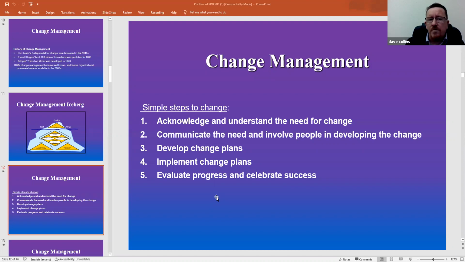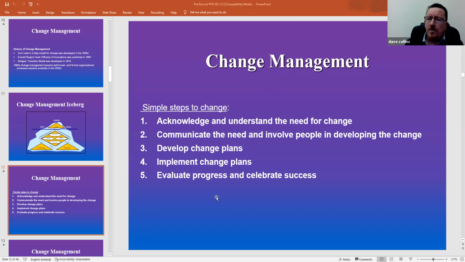First of all, you need to understand the need for change, whether it's because of the way the market is changing, or where you need to develop to keep up with your competitors. Acknowledge that, yes, we do need to change. Then communicate the need and involve people in developing the change.